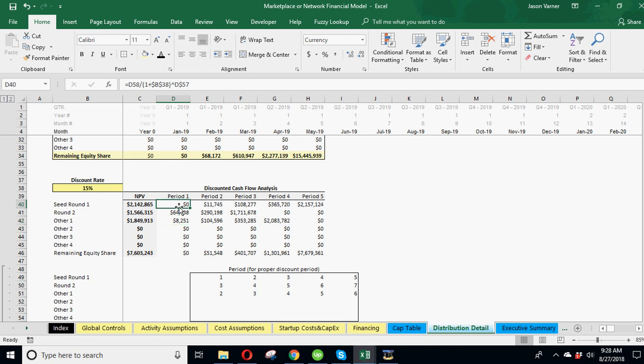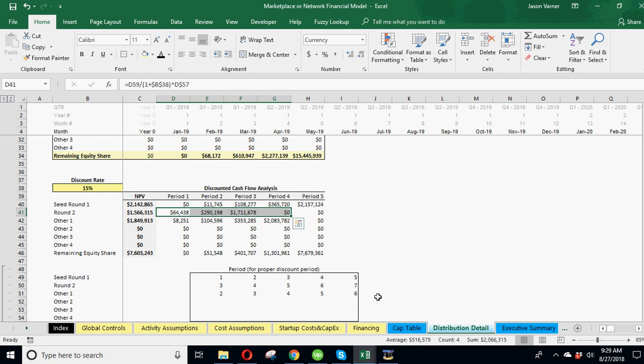There was no cash return in period one, so they don't get anything until period two. So to do net present value, you just sum up the discounted value of all the future cash flows, and then reduce it from their initial investment.